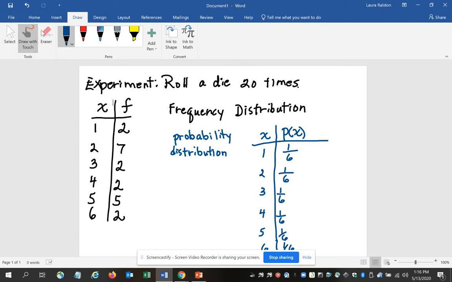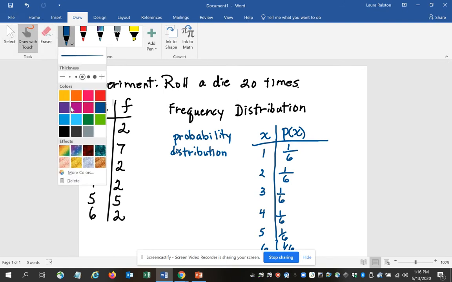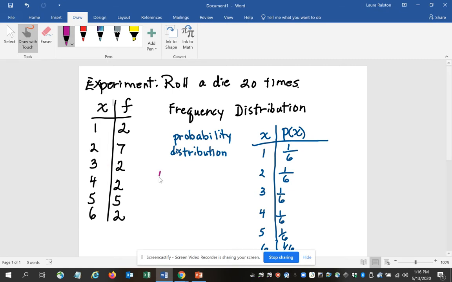So what should we expect to happen? Well, if I roll the die 20 times, 1/6 of those times I should roll a 1. 20 times 1/6 is 3.3 repeating.